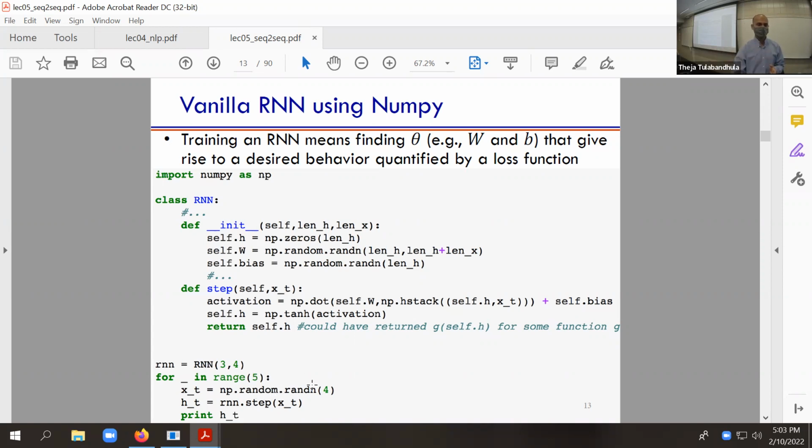Here I'm just creating some random vectors, but the step will produce ht, and you can do it 5 times. That's pretty much it. Here I'm arbitrarily creating an xt, but you can imagine how to do it: if you have a 5-word sentence, look at their word vector representations. There will be 5 such vectors, and you just pass them one after the other.